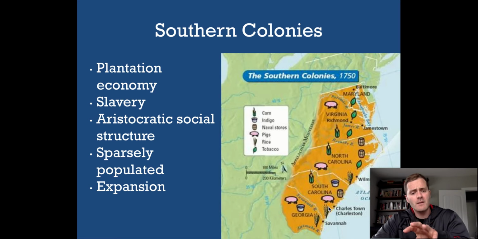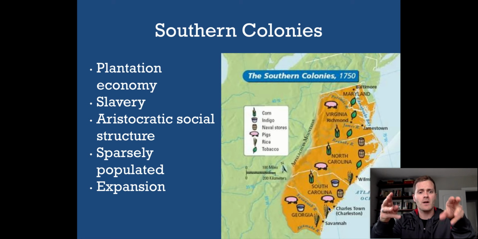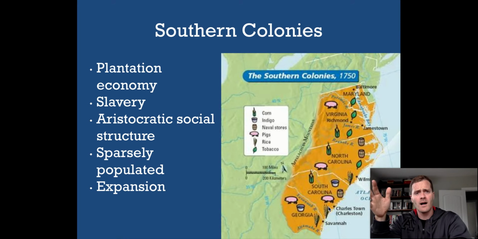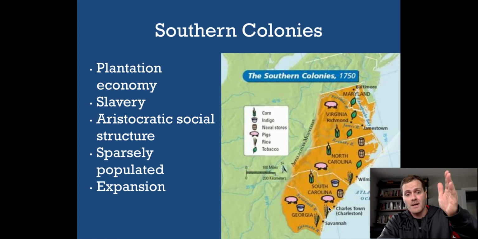But the plantation economy in general is important to note that it's one person or one family owning a large tract of land, normally using forced labor, whether it be indentured servitude or later African slaves, to labor on that land and then use that land to maximize profits. The southern colonies are going to be heavily reliant on slavery because of the plantation economy.